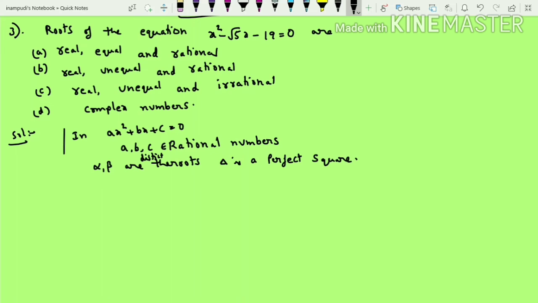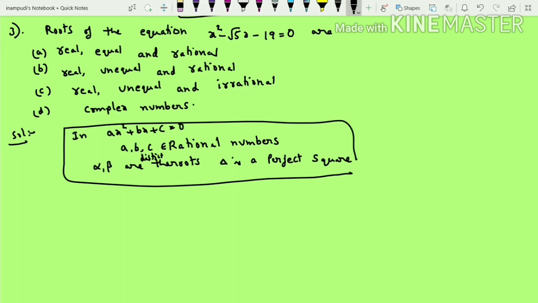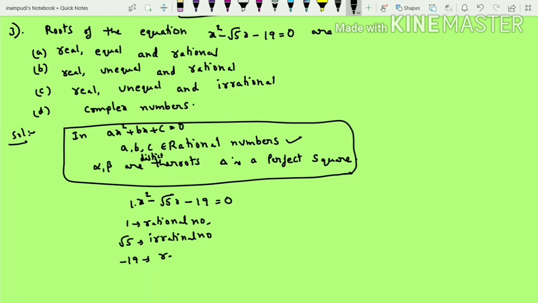Here we observe that a, b, c must belong to rational numbers, but in the given equation x square minus root 5x minus 19 equal to 0, the coefficient of x square is 1, a rational number, root 5 is not rational, it is an irrational number, and minus 19 is rational.